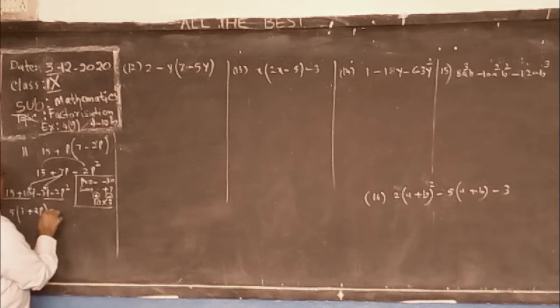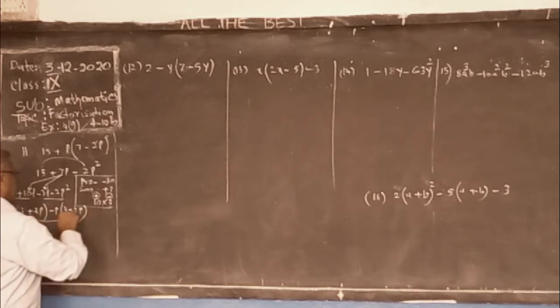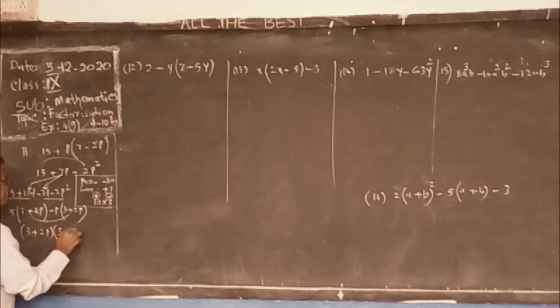And here, taking minus p common: 3 plus 2p. Again these are the same, so it is 3 plus 2p into 5 minus p.